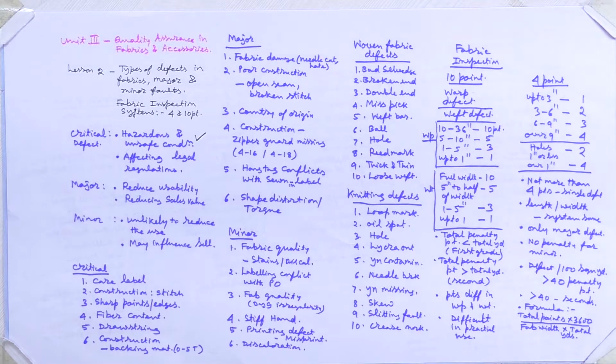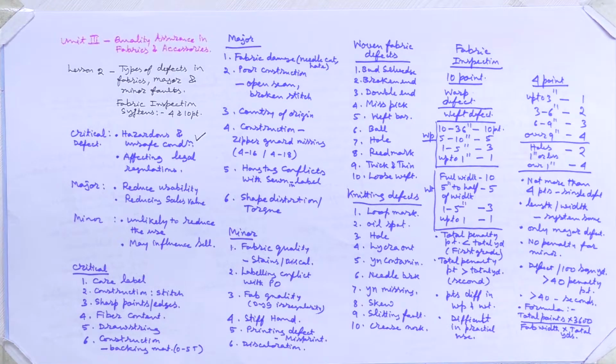So these are the different categories of critical defects, and they are critical because they become some sort of health issue, or a hazardous unsafe condition, or a legal issue. In such scenarios the defects are not at all acceptable, and we have seen the different criteria of such defects under this critical defect category.